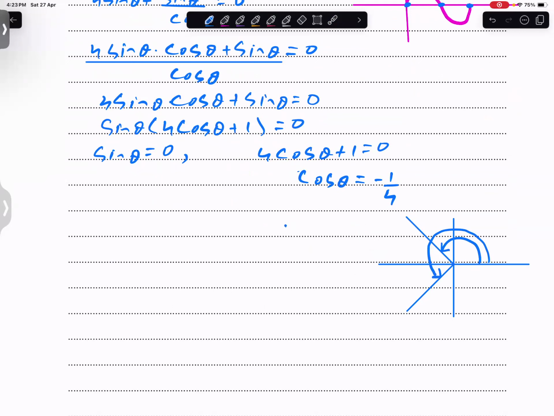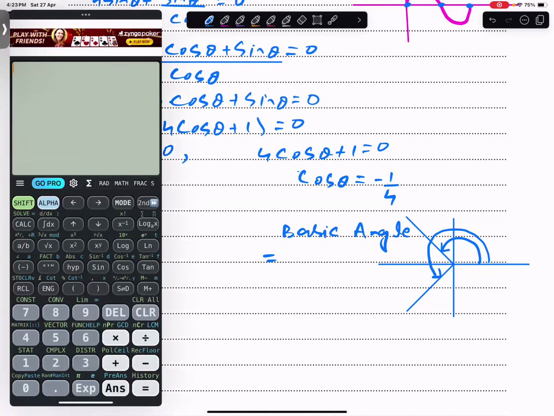So first let's find the basic angle. Basic angle will be shift cos inverse of 1 divided by 4. So my basic angle is 75.5225.